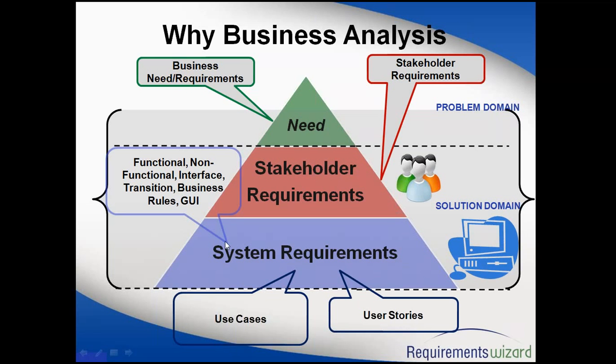The reason you need to do this is so that everything is aligned. The system requirements should support the stakeholder requirements, and the stakeholder requirements should support the real business needs of the project. That's why we call this the problem domain, and this one is called the solution domain.